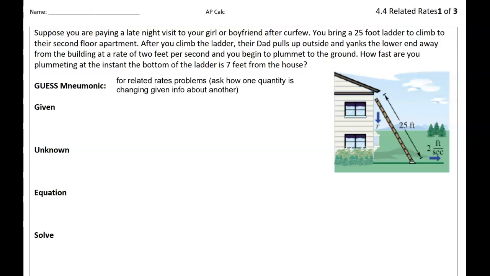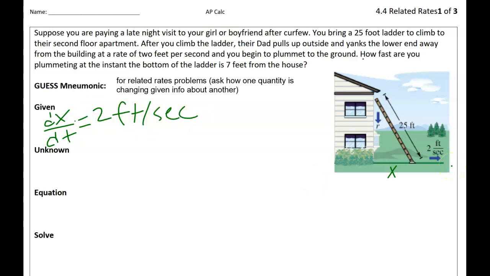I want to start with my picture, and if you don't have a picture, you should draw it. I'm going to call this bottom quantity x. So x is the distance the bottom of the ladder is from the wall. I don't know what it is, but I am given dx/dt, the change in that distance with respect to time, which is 2 feet per second. That's in the text and in the diagram here.